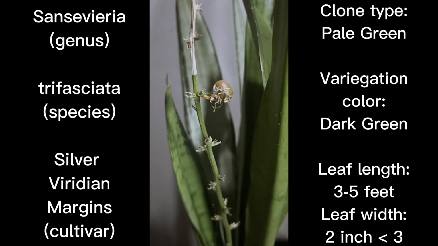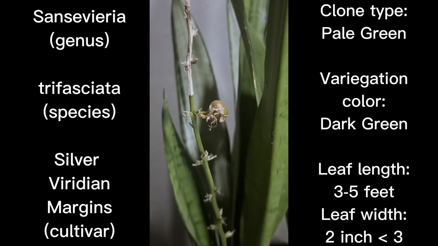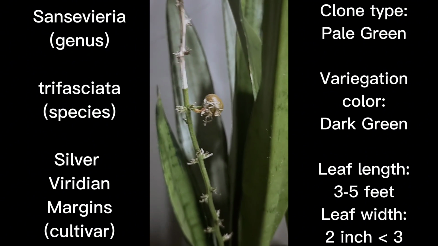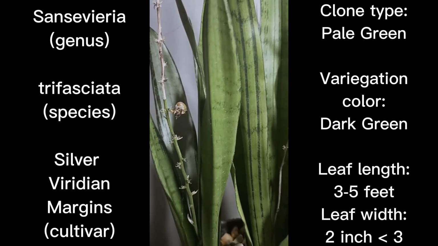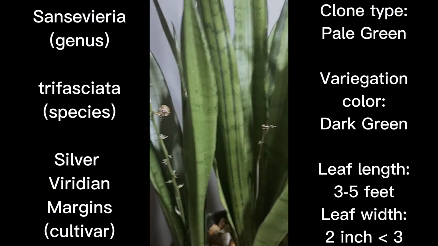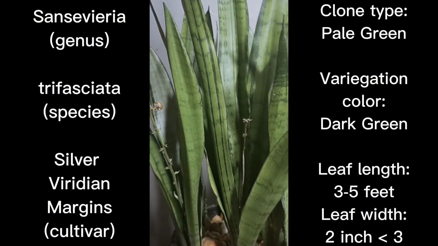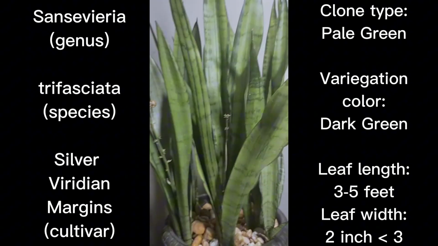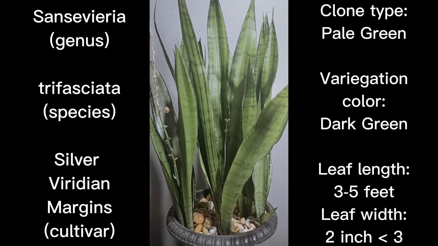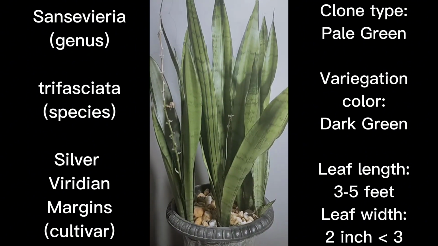I have already taken 2 fruits because they're ripe, and I have already planted them. Hopefully, I will come up with a very nice hybrid from trifasciata crossed with another existing Filipino hybrid, Silver Fern, by one of our colleagues, Sir Glance Ang.